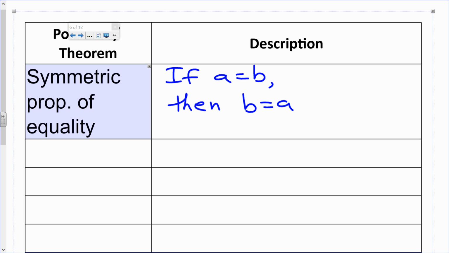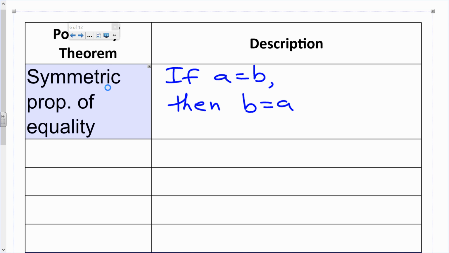That's pretty easy. Let's rock and roll. Actually no, almost last one. The next one's called the transitive property of equality. Transitive property of equality says, here we go.